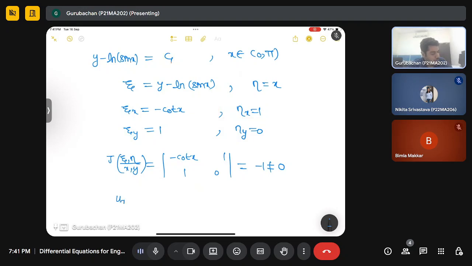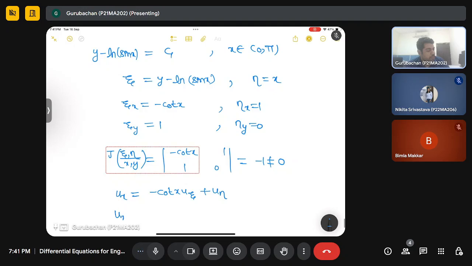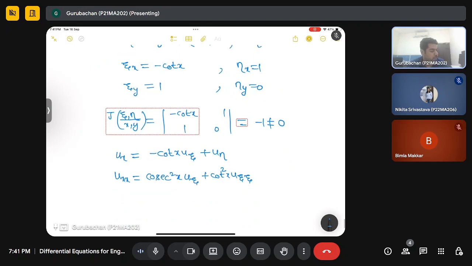So ux will be u xi and xi x, that is minus cot x u xi, plus u eta eta x, that is u eta. Uxx will be, when you differentiate this cot x, you will get cosec square x u xi minus cot x u xi xi, and again this will repeat, so this will be plus cot square x.